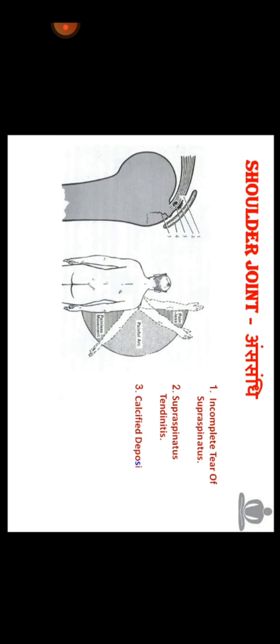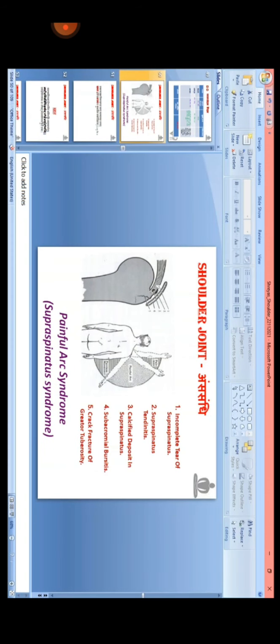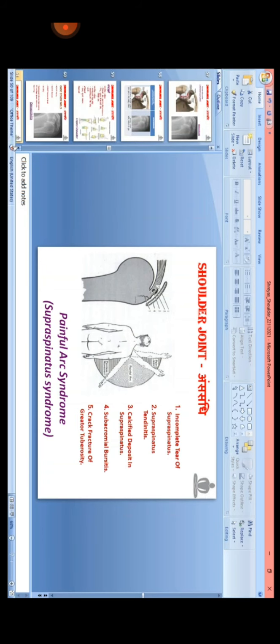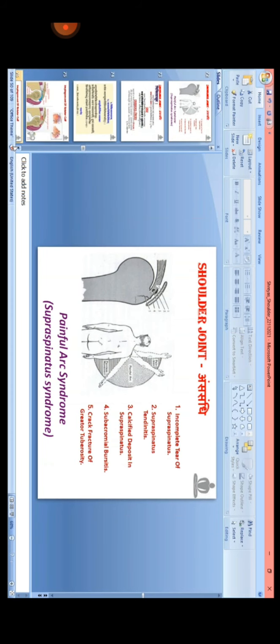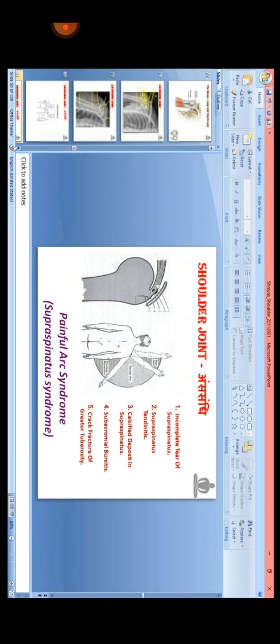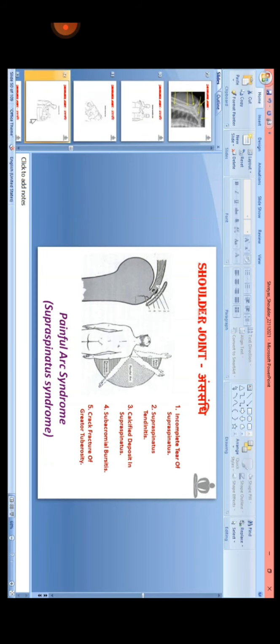Incomplete tear of supraspinatus, supraspinatus tendinitis, calcified deposit in supraspinatus, subacromial bursitis, and crack fracture of greater tuberosity. So these are some points which we should not forget.